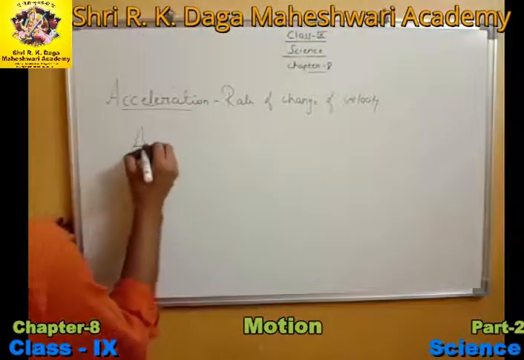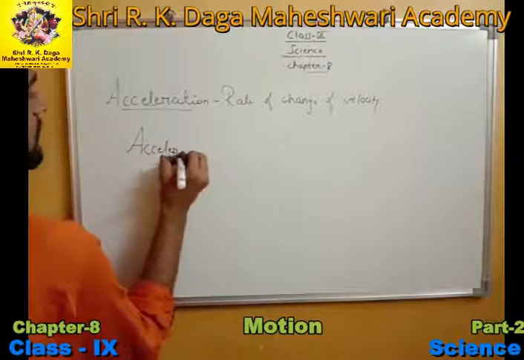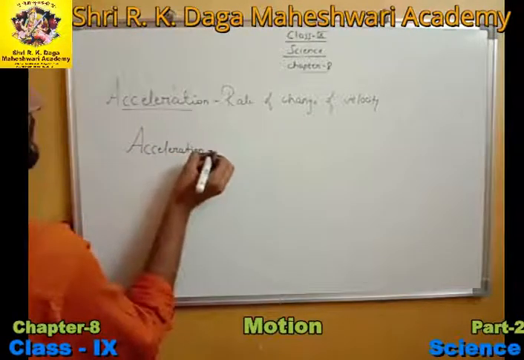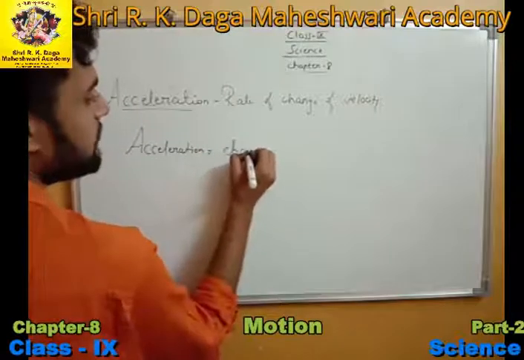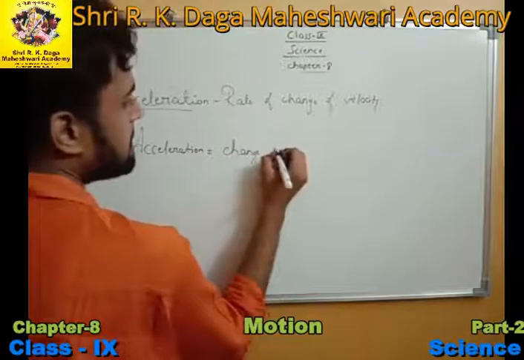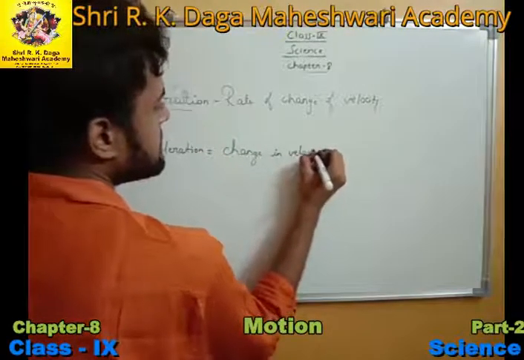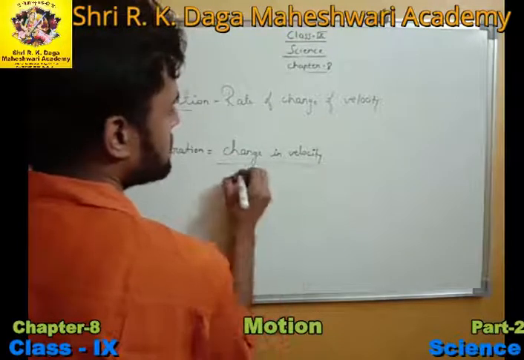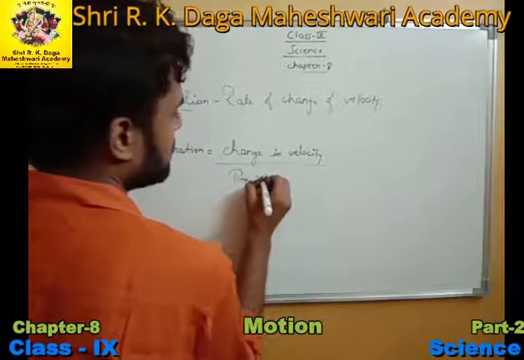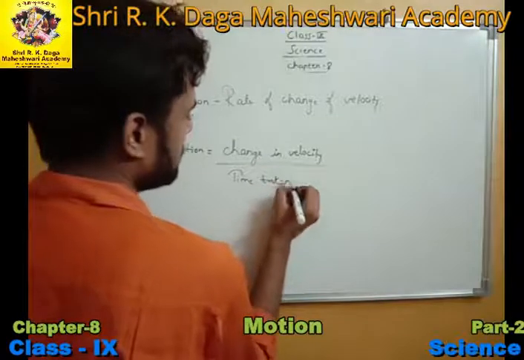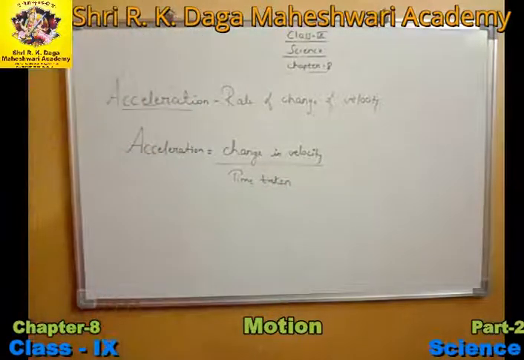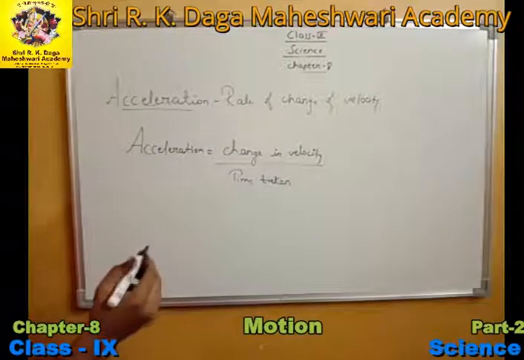What will be the formula for acceleration? Acceleration is equal to change in velocity upon time taken. It is the change in velocity divided by the time taken to cause that change.